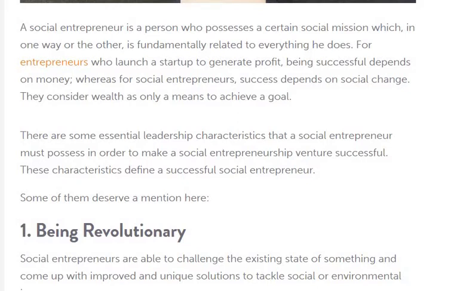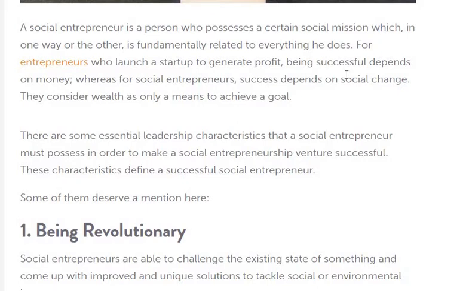For entrepreneurs who launch a startup to generate profit, being successful depends on money, whereas for social entrepreneurs, success depends on social change. They consider wealth as only a means to achieve a goal. Basically, this is a definition of a social entrepreneur.